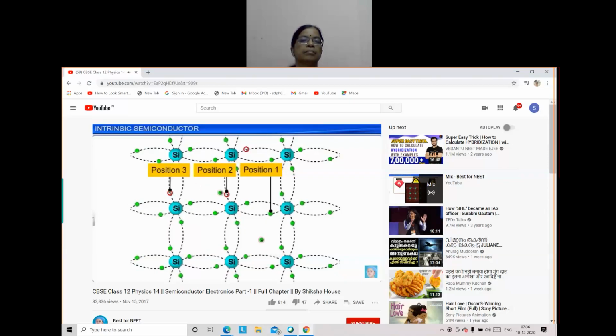This fills the vacancy at position 2 but creates a vacancy or a hole at position 3. As a result of such jumps of electrons across covalent bonds, the holes or vacancies appear to move across the crystal lattice of a semiconductor. Note that the movement of holes occurs because of the movement of electrons across covalent bonds in a semiconductor, and not because of the movement of free electrons.